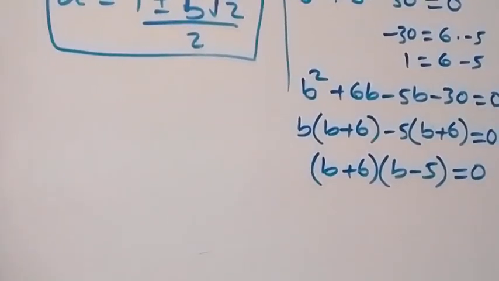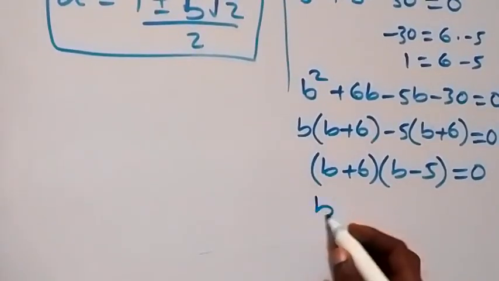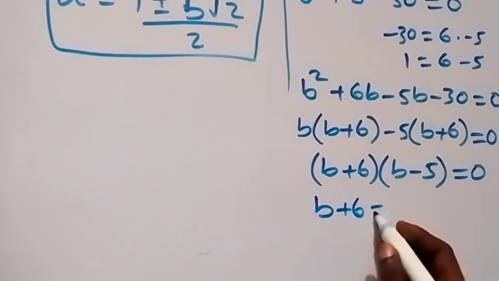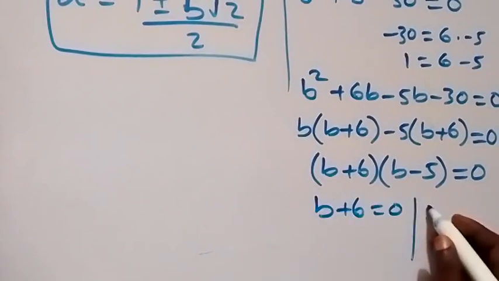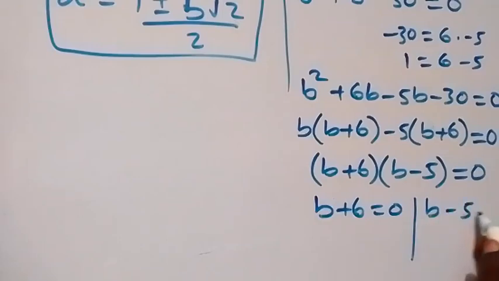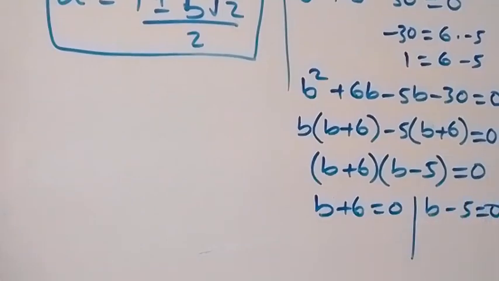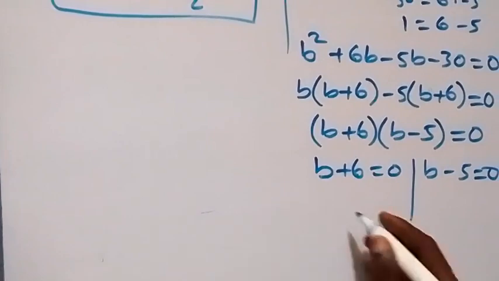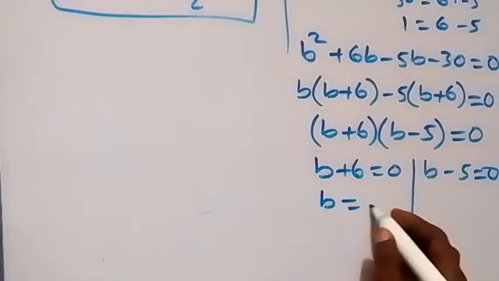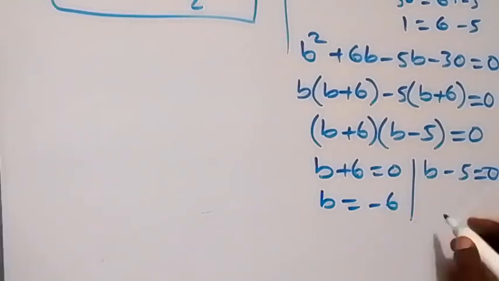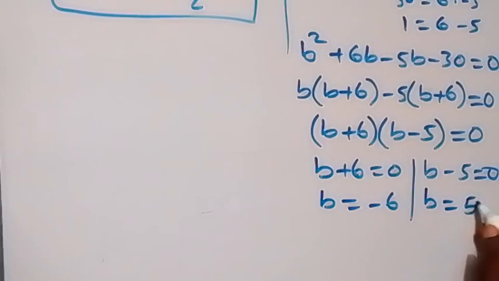That is, the two cases here, we have B plus 6 equals 0, and also we have B minus 5 equals 0. That is, here B equals minus 6, and here B equals 5.